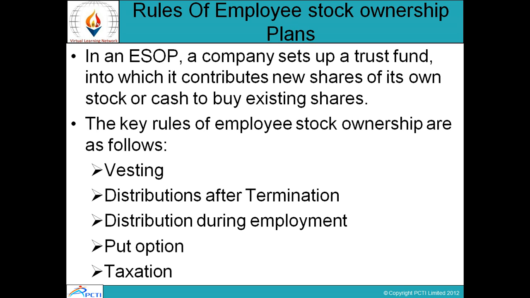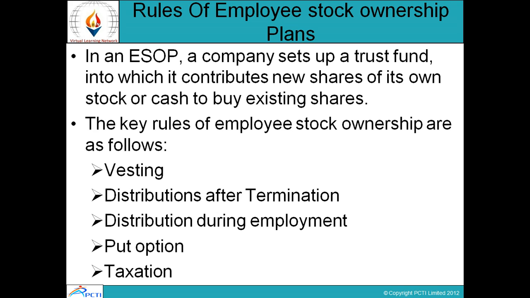There are certain key rules of ESOP which are to be followed. One is vesting. Vesting is the time an employee must work before acquiring entitlement to the benefit. Another is distribution after termination. So with retirement, disability or death, the distribution of vested benefit occurs.